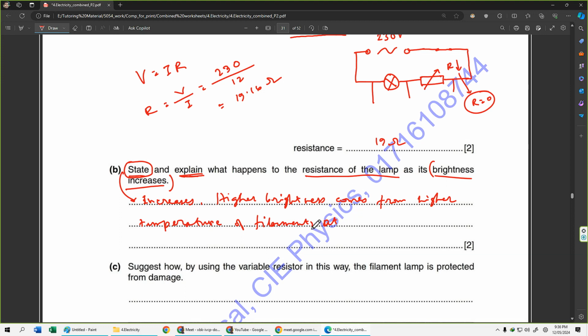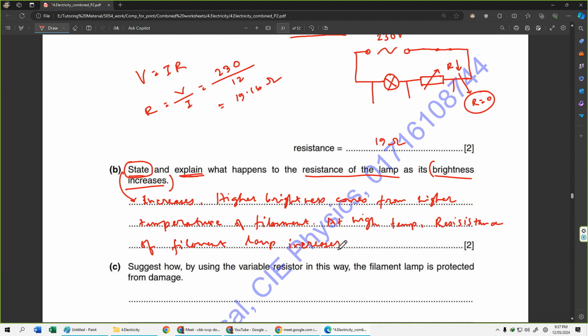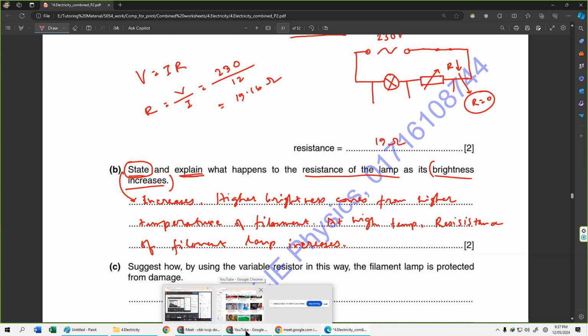At high temperatures, comma, resistance of filament lamp increases. More brightness would necessarily come because of high temperature, and high temperature will result in the bigger brightness.